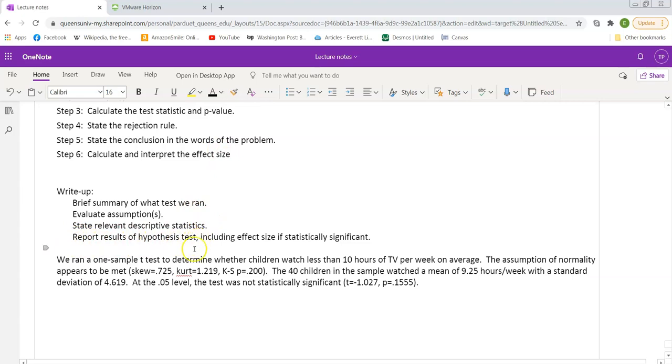And then the result of the hypothesis test is at the 0.05 level, the test was not statistically significant. And you state your test statistic and you state your p-value. I didn't say anything about the effect size because we did not have a statistically significant test.